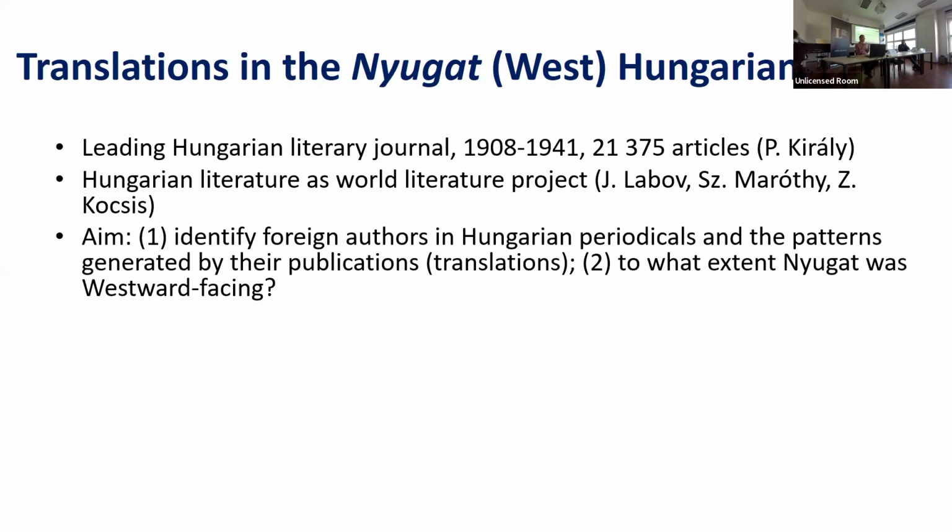So what was the research question that we wanted to address? Basically, we wanted to identify foreign authors in Hungarian periodicals and also highlight the patterns that these translations generated. Another secondary research question was, the name of the journal is West, or Nyugat, and to what extent was Nyugat westward facing in terms of the actual translations published in the journal.